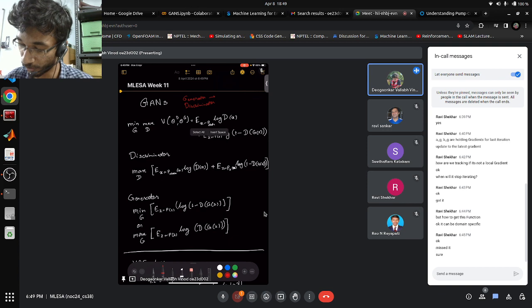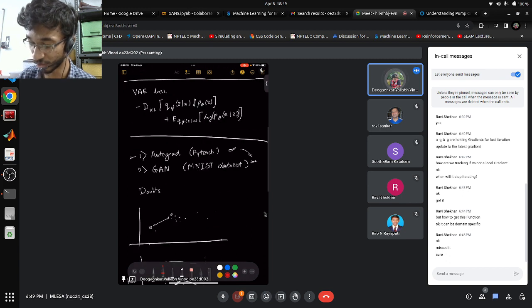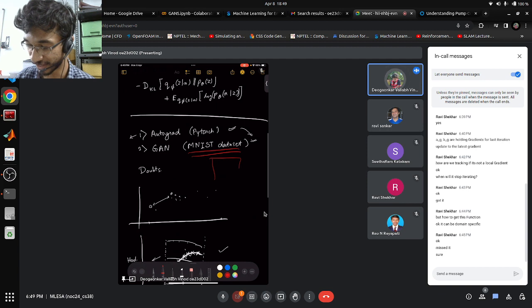Its input is going to be some noise, and it needs to learn the mapping from this noise to some output that you are interested in. In our specific example today, that is images of digits.